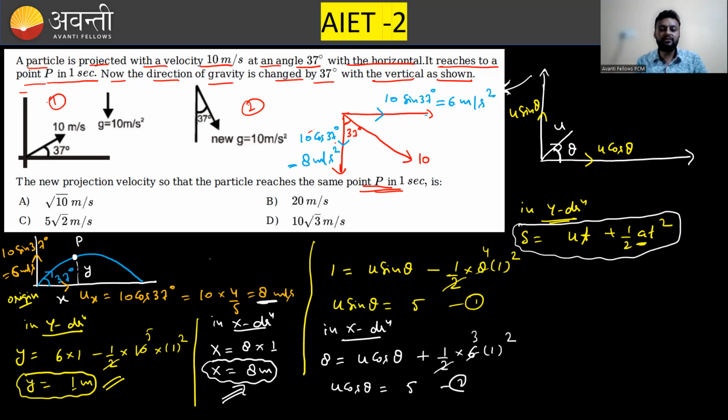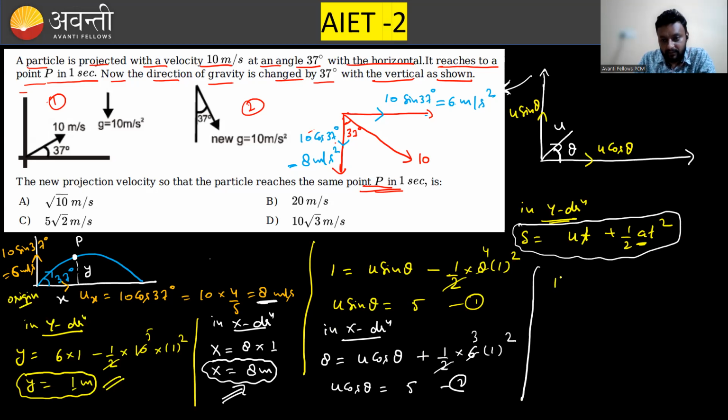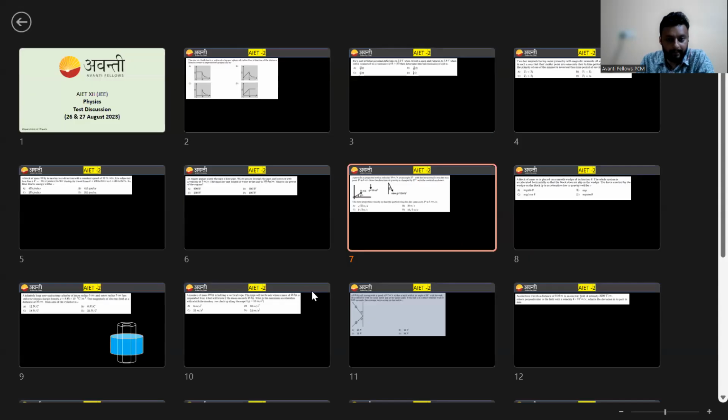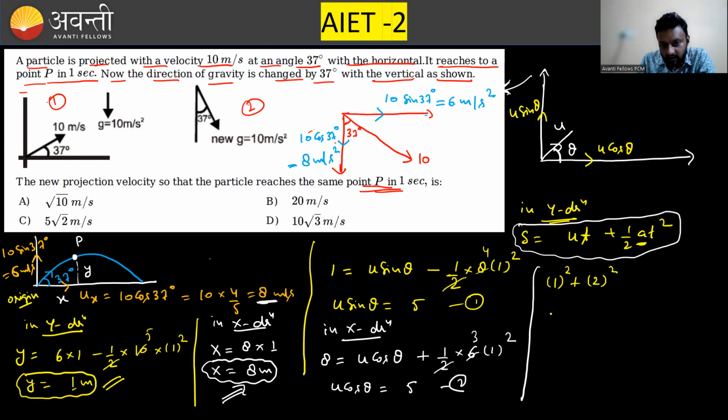By looking at these two equations, u sin theta and u cos theta, you can get the value of velocity u. There are various ways. One way is to square and add. I'm squaring equation 1 plus square of equation 2 and then adding both.